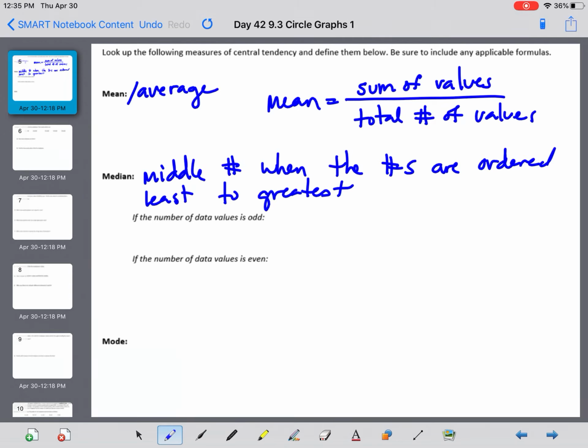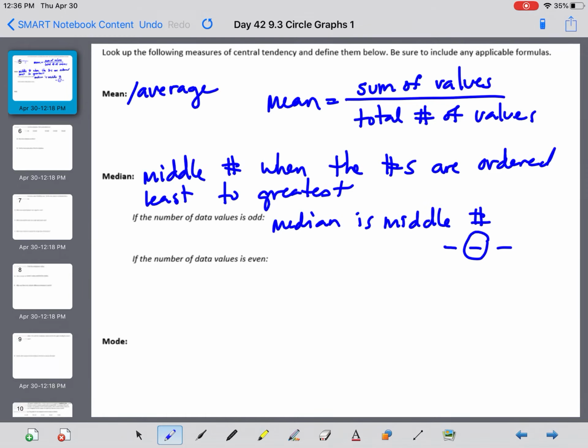A lot of times the data will be given in order to you, but if it's not, you do need to do the extra step of actually putting them in order. I have 2 subcategories here for the median. If the number of data values is odd, the median is just going to be the middle number. So we don't have to do anything special. If there's an odd number of data values, say 3, your median is just going to be that number in the middle.